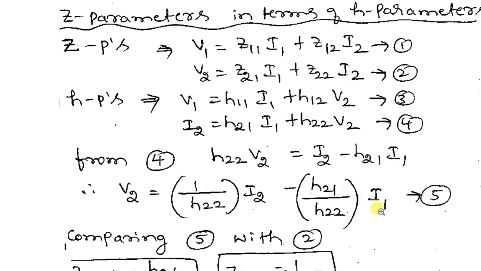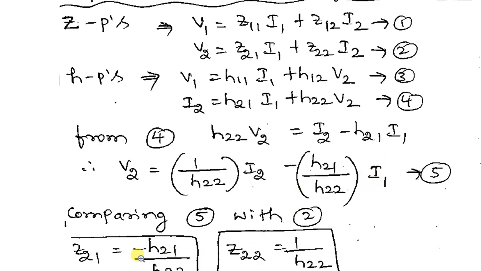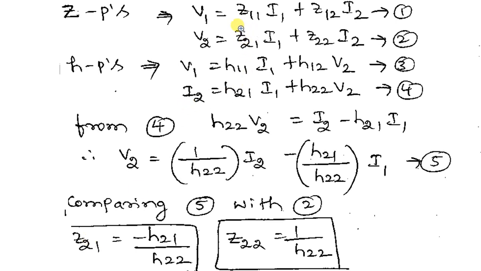Here the I1 coefficient is minus H21 by H22, so Z21 is minus H21 by H22, and the coefficient of I2, Z22, is 1 by H22. So two variables you immediately get without the help of Cramer's rule. That is possible because these three variables are mapping with these three variables.